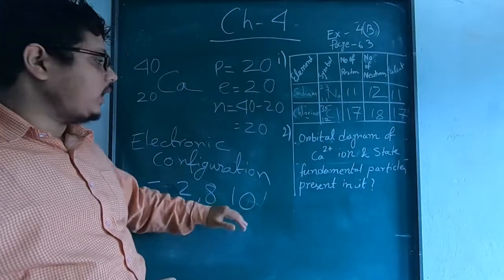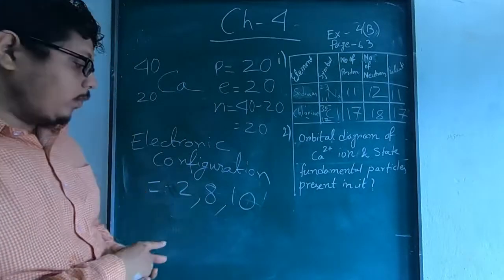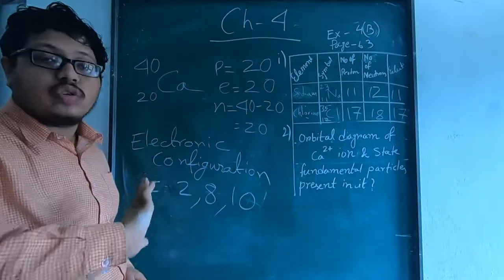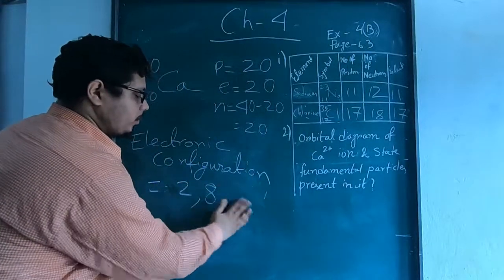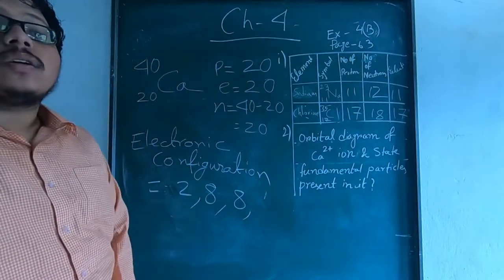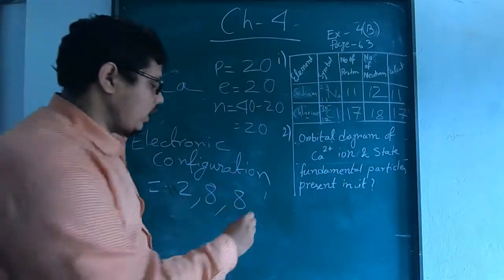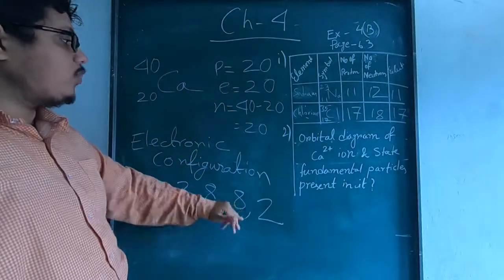Although if I put 10 here, the total still comes to 20, I cannot do that because the last shell would be 10, which exceeds 8. So we will give 8 here. And how many more are left? 2. So the last shell will have 2.